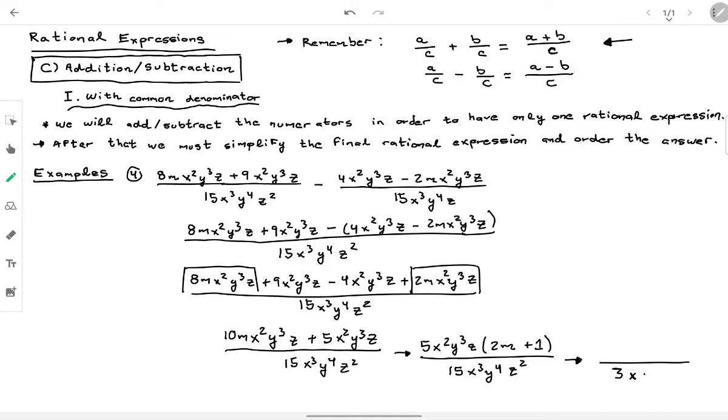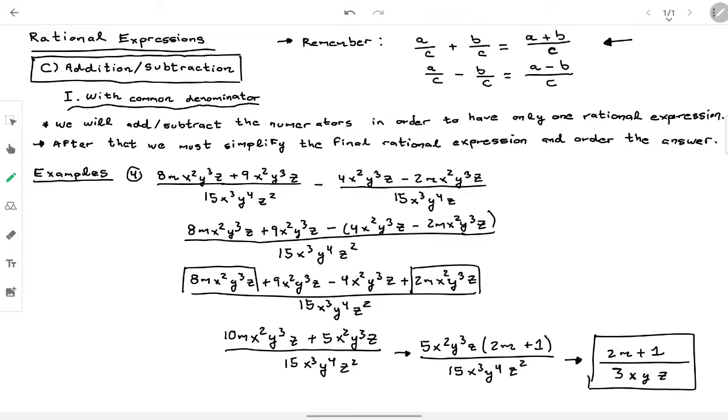What will happen with the y? Something very similar. It's going to be y to the 4, y to the third. What will happen to the c? It's 2, it's bigger on the denominator, so 2 minus 1, it's 1. And on the top part, we will get only 2m plus 1. And this is going to be our final answer.